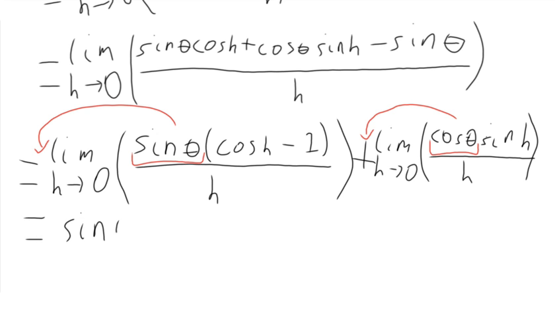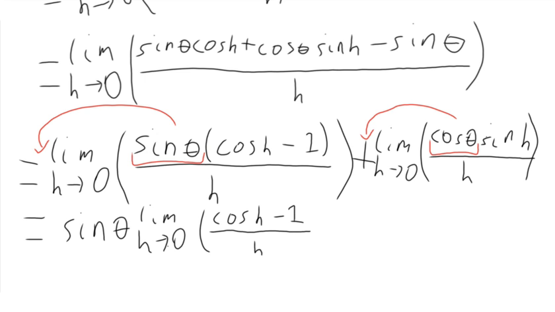So this will be sine theta times the limit as h goes to 0 of, so now we have left in the numerator just the cosine h minus 1. And this is still over h.